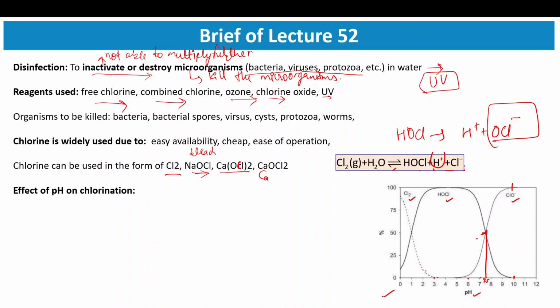Chlorine is usually present at very low pH in Cl2 form, while HOCl and ClO minus start forming as you increase the pH. Around 6 to 9.5, both HOCl and ClO minus are present simultaneously. And at a point you will have a sudden increase in ClO minus, which could be the optimum point where you can use it, right? So this is the equilibrium between HOCl and ClO minus.